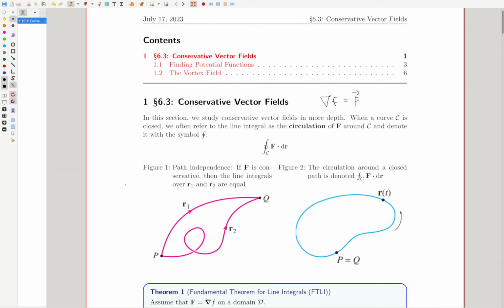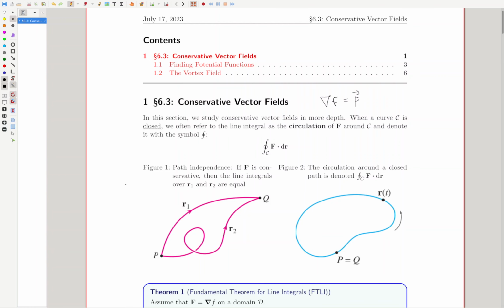Recall that closed means that your curve ends up being a loop, right? The two endpoints are the same point in your parameterization. So that's why we have a little circle there that represents the fact that the curve is closed, that the ends meet up.